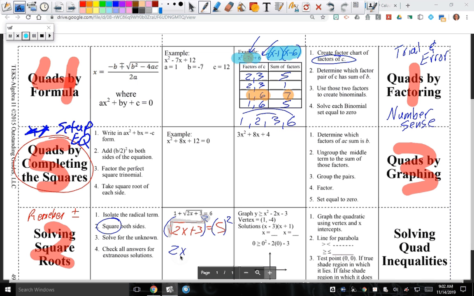So I get 2x plus 3 is equal to 25. Any questions so far? So if I subtract 3, divide by 2, I get x is equal to 11.